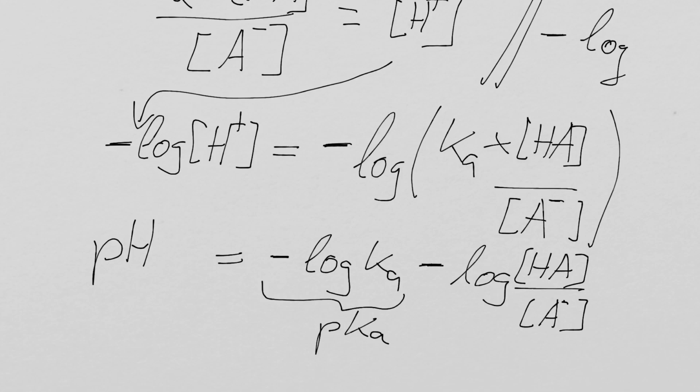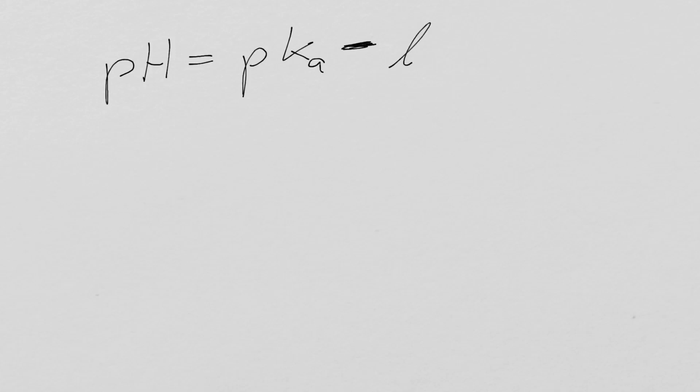So let me write this down again for all the connoisseurs. We have pH equals pKa minus log HA over A minus.